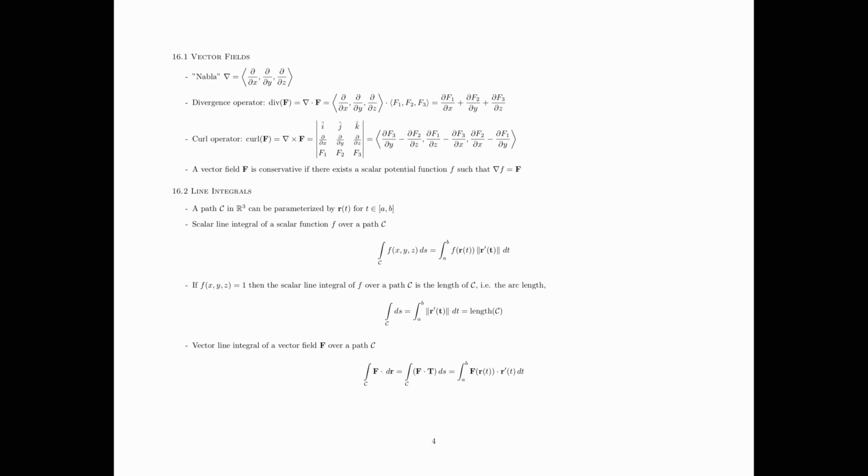So whenever we want to integrate over a path, we want to have a parameterization and a domain for that parameterization. Together, we can then use that to evaluate these. Let's start with a scalar line integral. What is a scalar line integral?